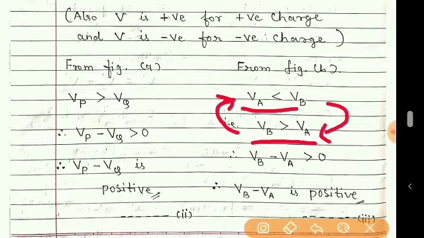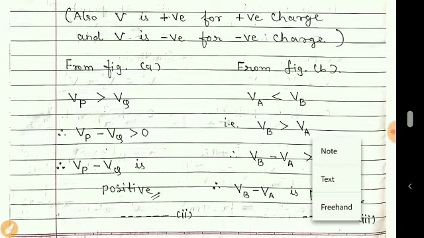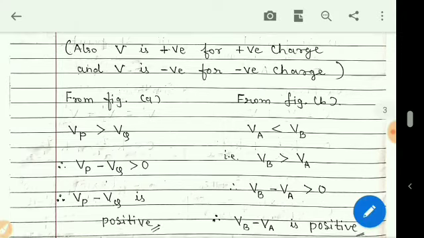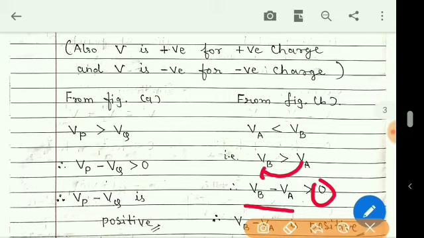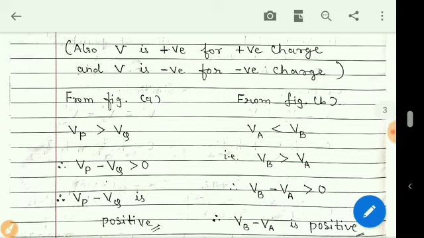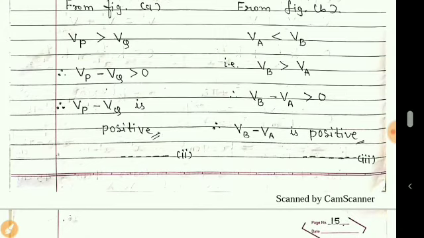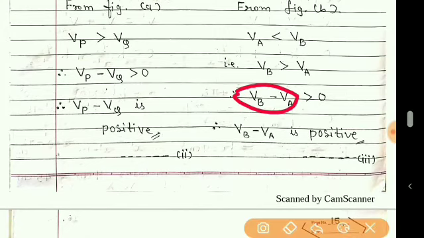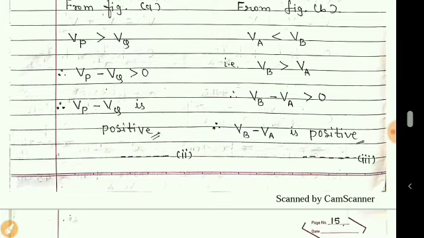So after that, bringing this A on this side, we will get VB minus VA is greater than 0. And so as this difference is greater than 0, we can say that it is positive.